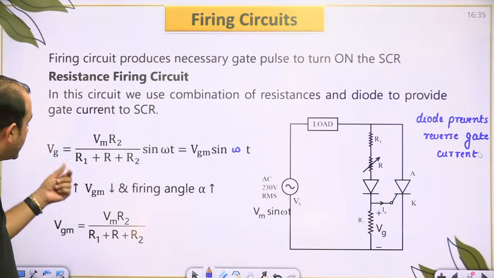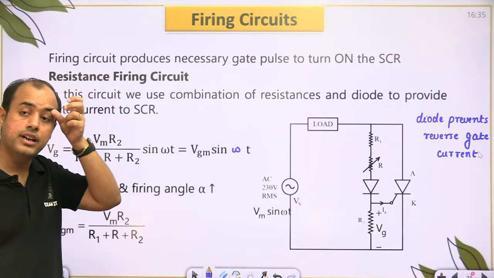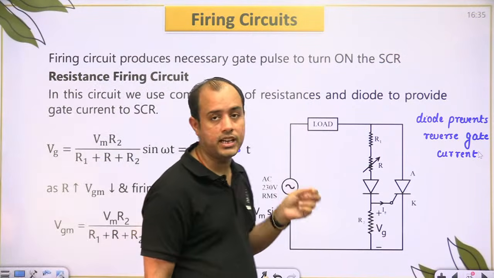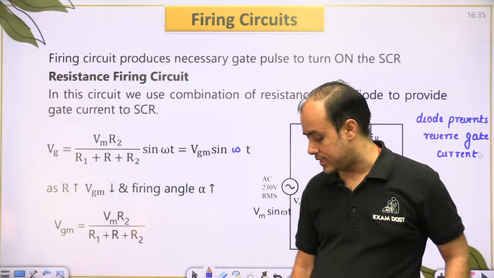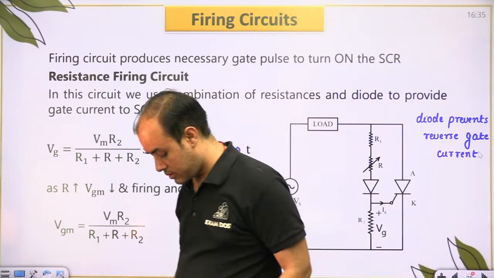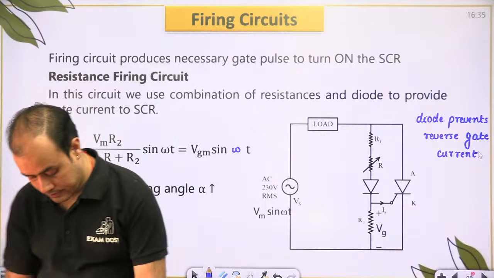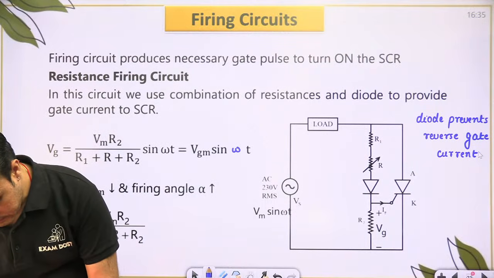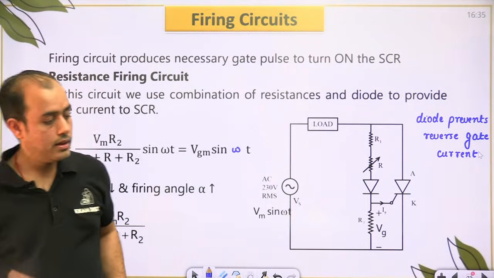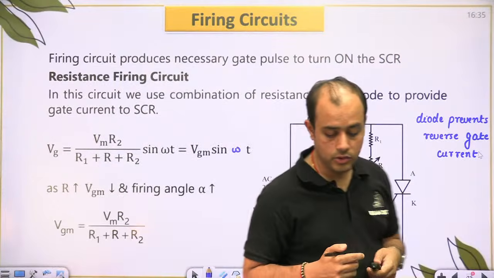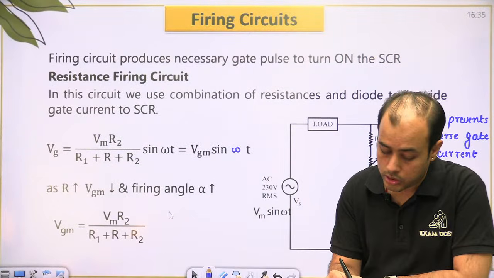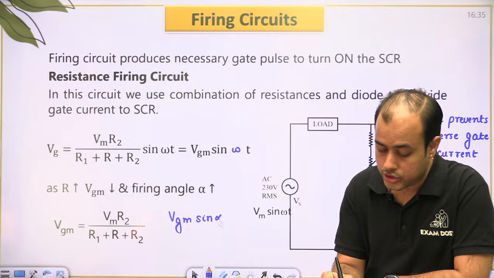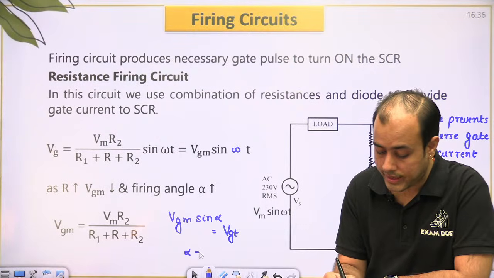Now, whenever the gate voltage becomes equal to the threshold, the SCR turns on. Whenever the gate voltage becomes equal to threshold voltage, that happens at an angle called as firing angle.